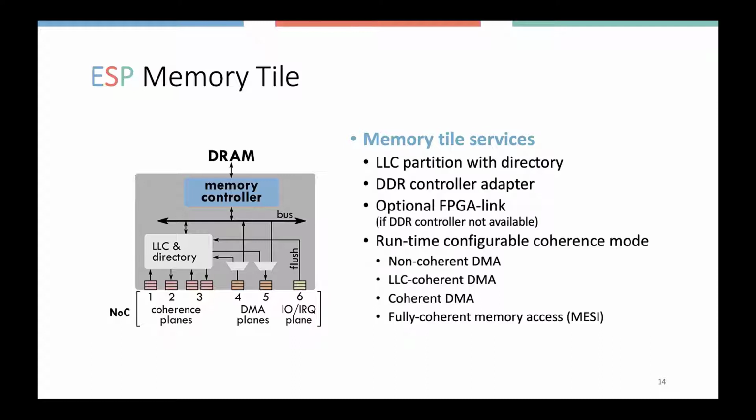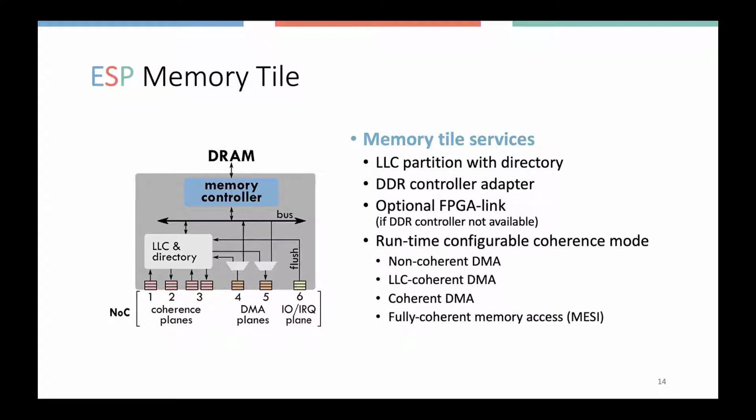Also, we have a sequence of proxy components that allows you to select different models of coherency for your processing engines. So when memory requests get to the memory tile, they can be served either directly by memory or by the last level cache.